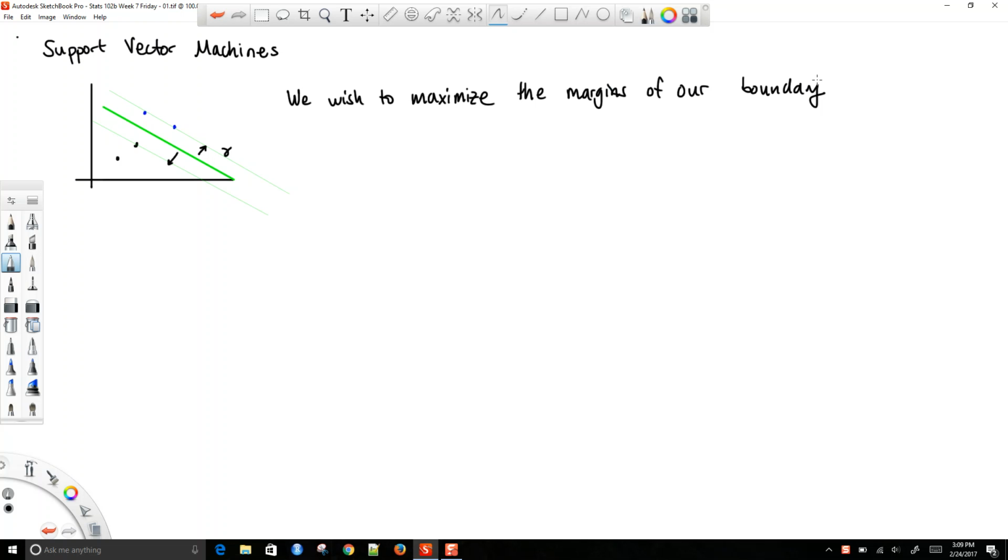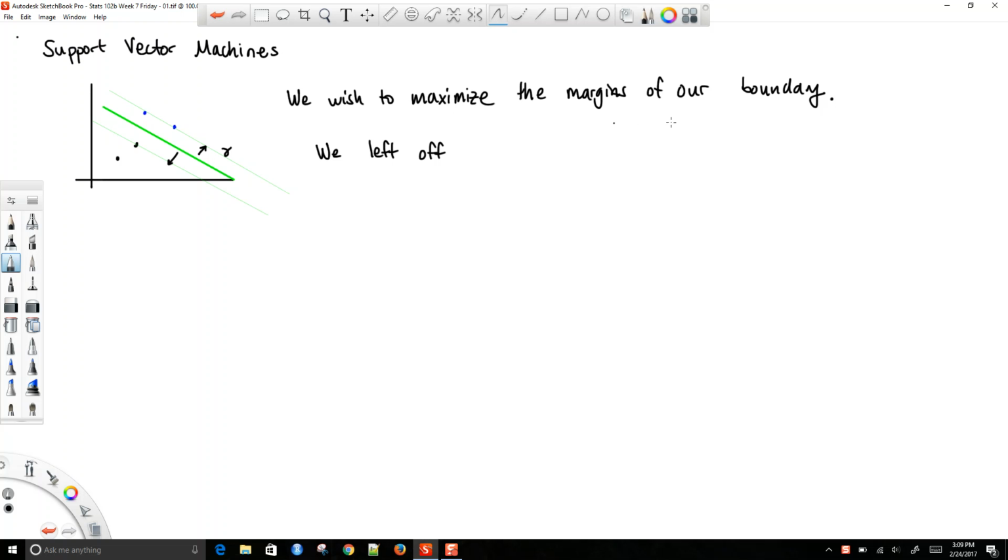And where we left off, we wish to maximize the margins of our boundary. The margins of our boundary is the distance between the boundary and the nearest points to the boundary.